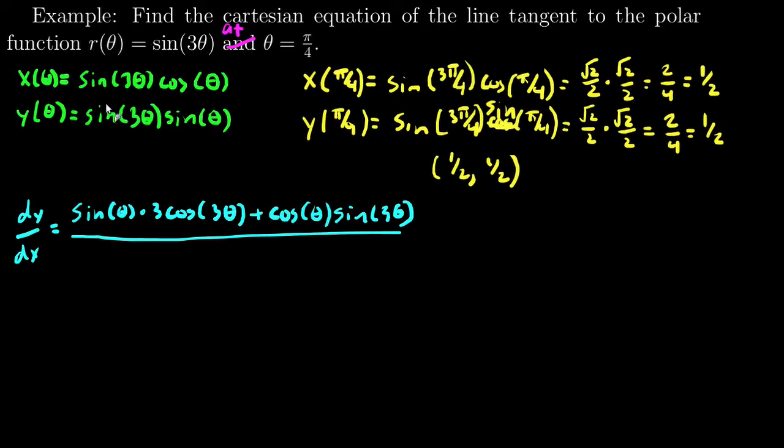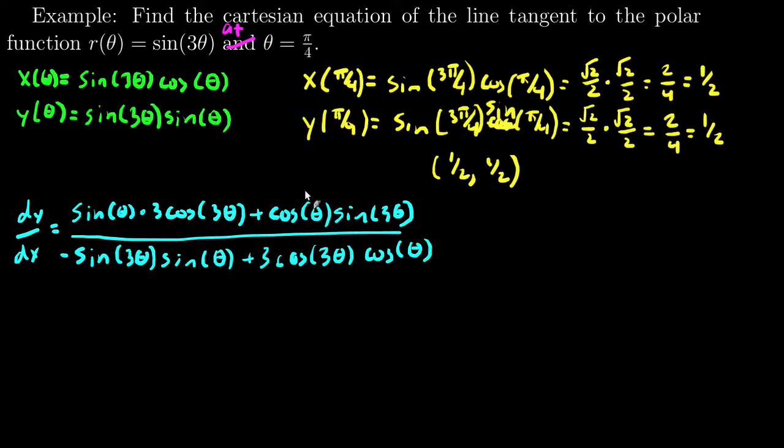And in the denominator, I'm going to take the derivative of x. So that's sine of 3 theta times the derivative of cosine, which is negative sine. So I have negative sine of 3 theta times sine of theta. And then I have cosine of theta times the derivative of sine 3 theta, so plus 3 cosine 3 theta times the cosine of theta.